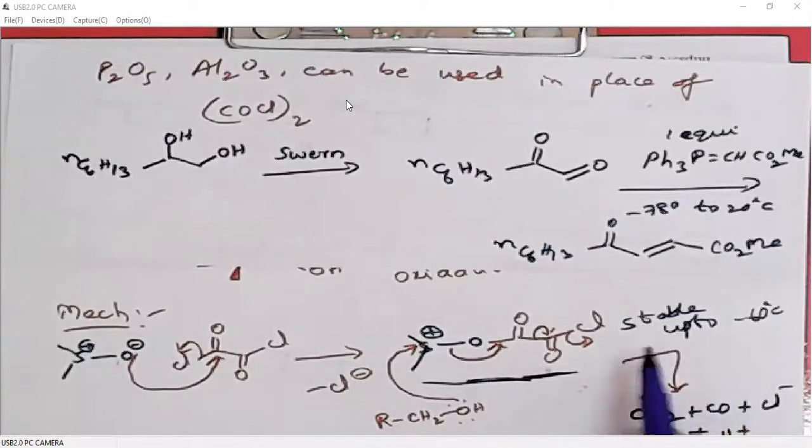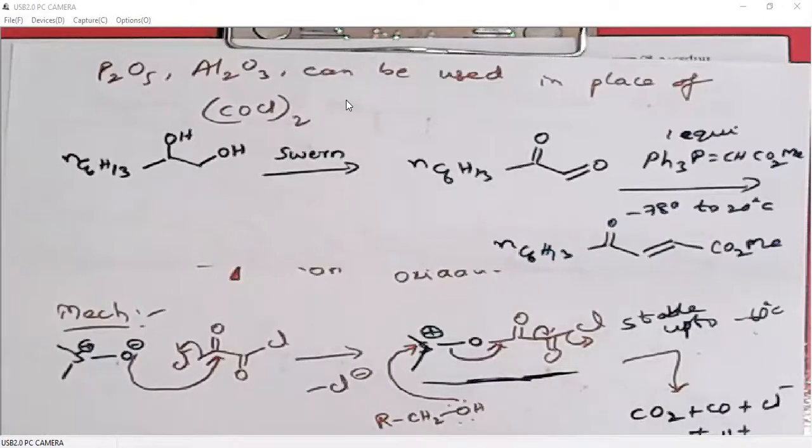If we raise the reaction temperature above minus 60, like minus 30, 0 degrees, or room temperature, then this intermediate will decompose, so it will not undergo further reactions. That is why we should perform Swern oxidations at minus 78 degrees, that means below minus 60 degrees.